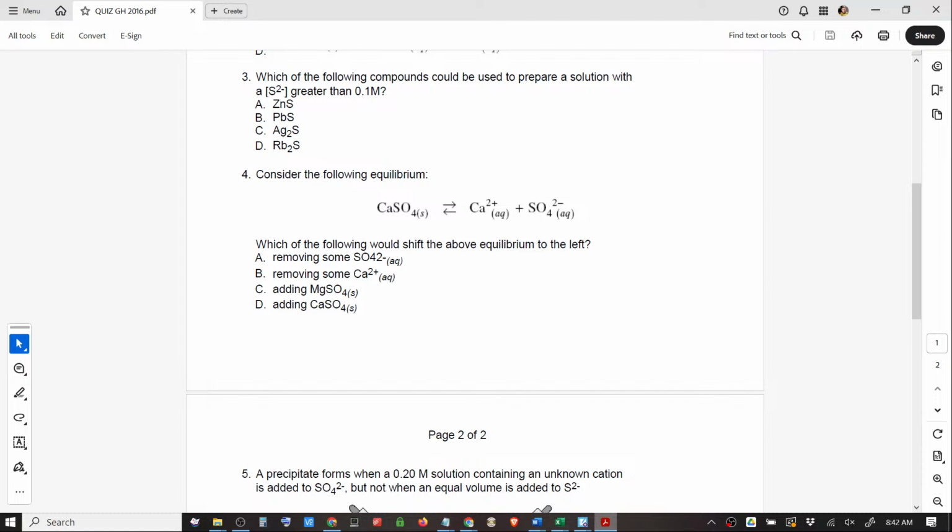And so if we add some calcium sulfate, why won't that work? Because it will increase it off to the right. This is a very good question. It will not shift the reaction to the right. Why?